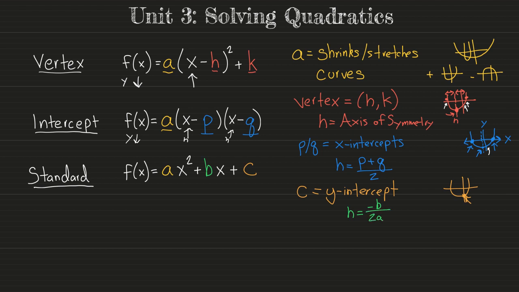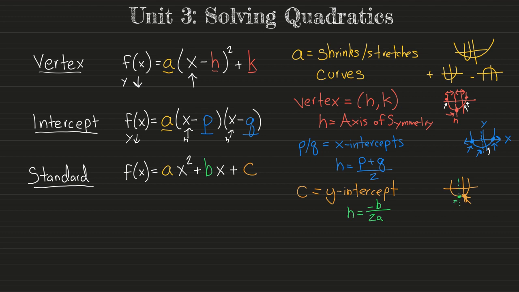If we had h equals negative b over 2a, and we kind of walked through the derivation of this, but it's not something that you need to know. Just know that this works, and we tested it out in class, and we verified that. So we can take negative b divided by 2a, and we would actually get that vertex point as well as our axis of symmetry.